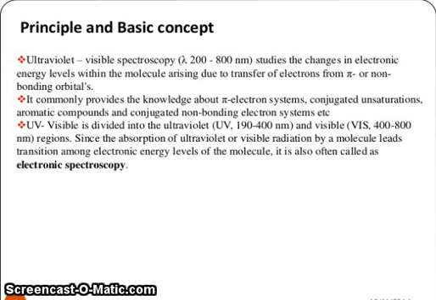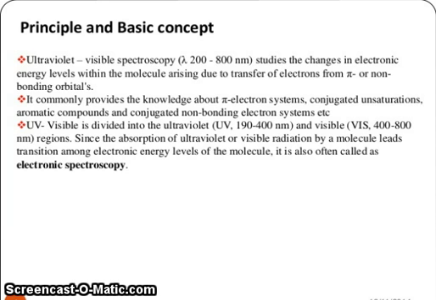Now, basics and principle: ultraviolet visible spectroscopy, for 200 to 800 nanometer, studies the change in electronic energy level within the molecules arising due to transfer of electrons from pi or non-bonding orbitals. It commonly provides knowledge about pi electron systems, conjugated unsaturations, aromatic compounds, and conjugated non-bonding electron systems.